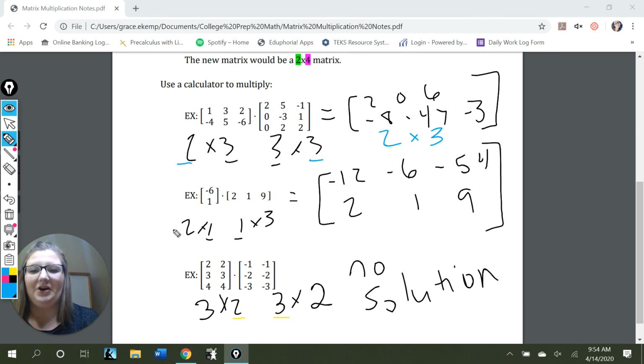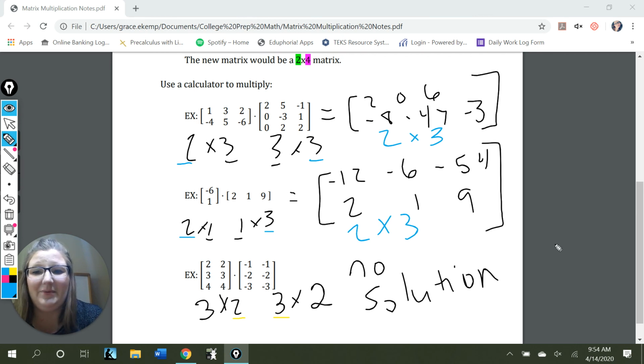If we come down and look at our next one, we were able to multiply these because the number in the middle was the same. So the numbers on the outside tell us the size of our matrix. So here we have a 2 and a 3. So our final answer should be 2 by 3. And if we look over here, we had 1, 2 rows and 1, 2, 3 columns. So it was a 2 by 3 matrix.